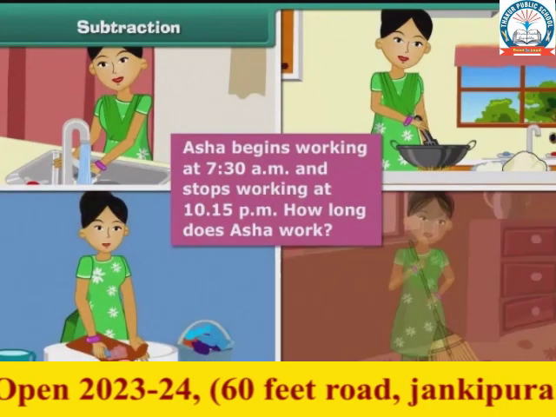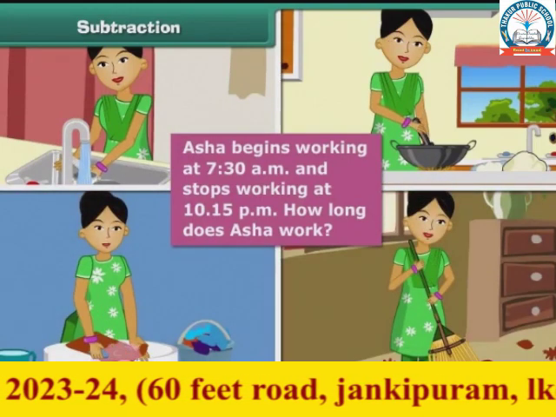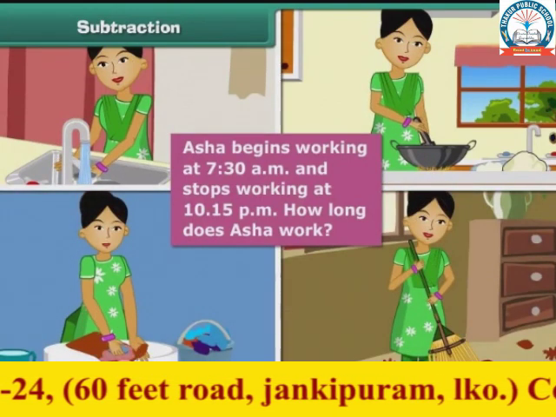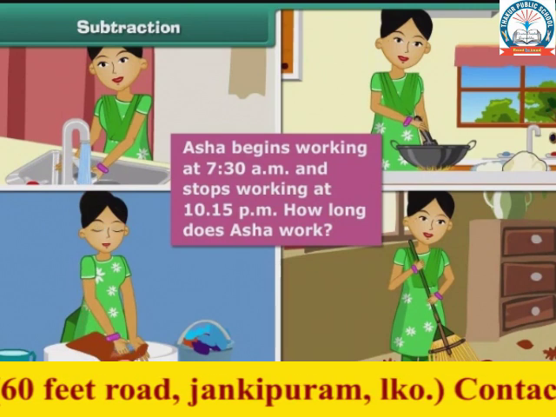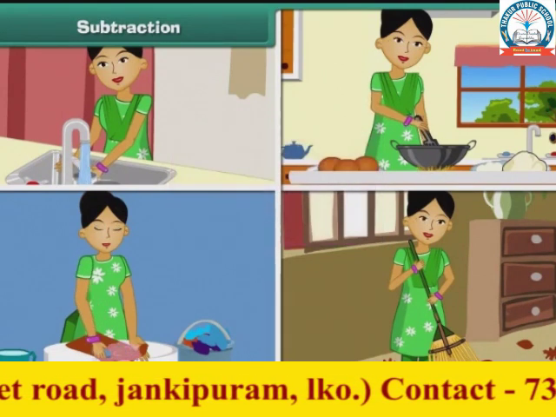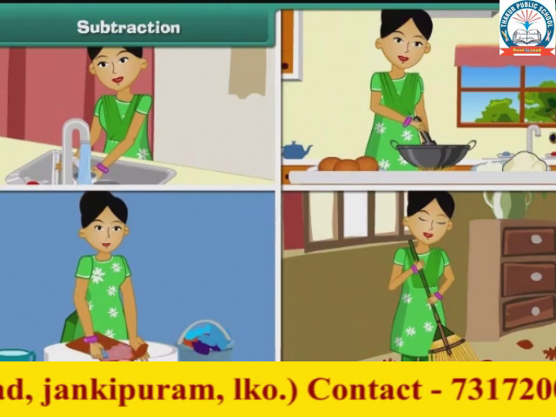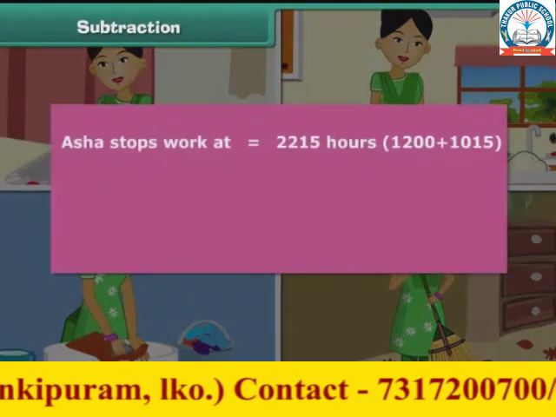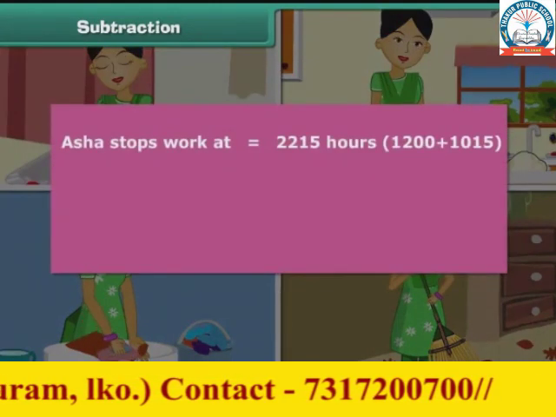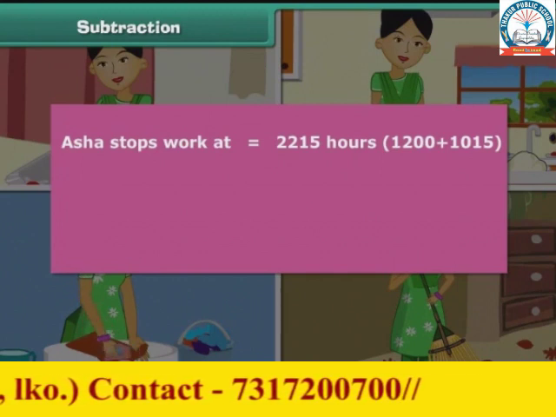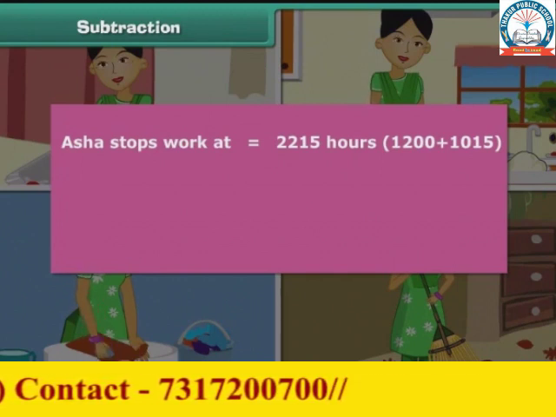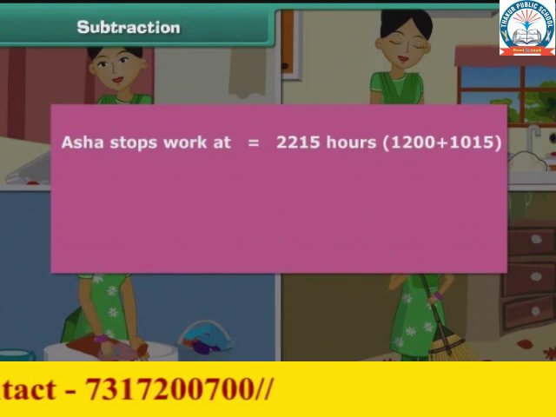Asha begins work at 7:30 a.m. and stops working at 10:15 p.m. How long does Asha work? We first express the times according to the 24-hour clock. Asha stops work at 22:15 hours, that is 1200 plus 1015.